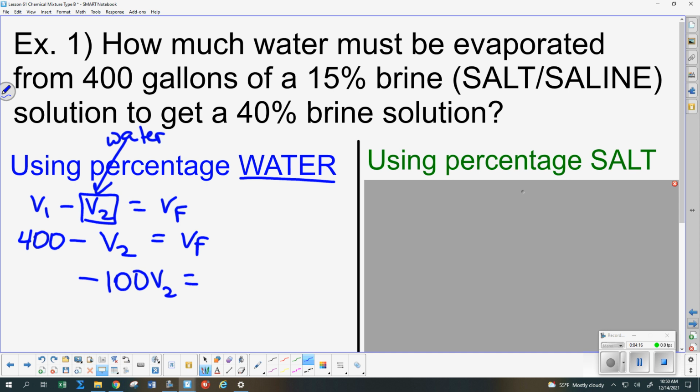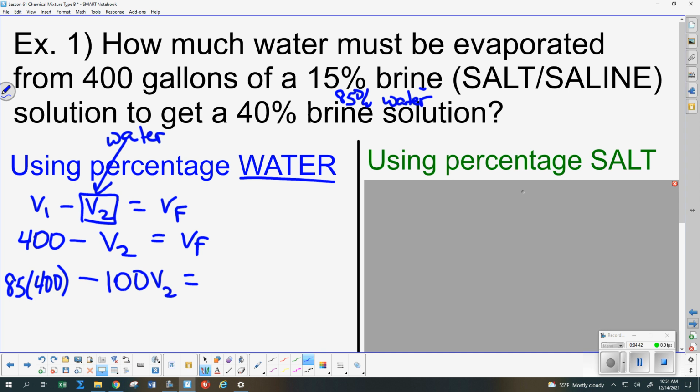If I have my 400 gallons and they are 15% salt, do I use the 15 when I'm using 100% water? So what percent water would the 15% salt solution be? So this one's going to be 85% water. So I'm going to have the 85 times the 400.